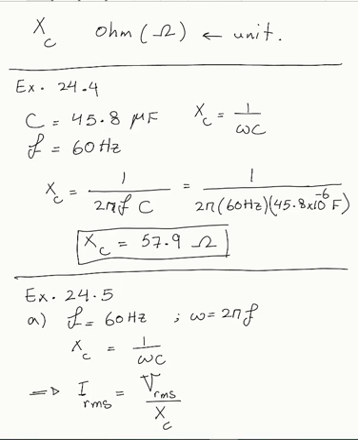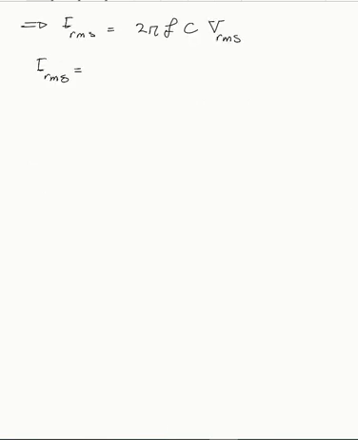Before I plug in the numbers, I find the equation for I_RMS. The current RMS equals V_RMS divided by X_C. Now, if you replace X_C by 1 over omega C, then you can find I_RMS to be omega C V_RMS.